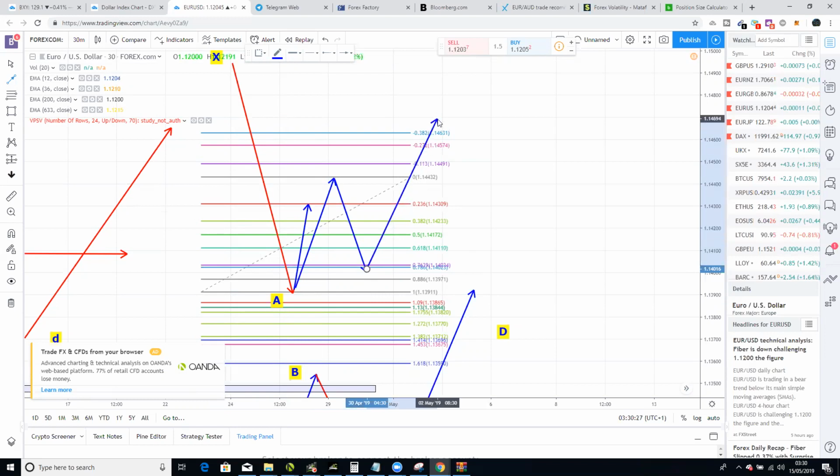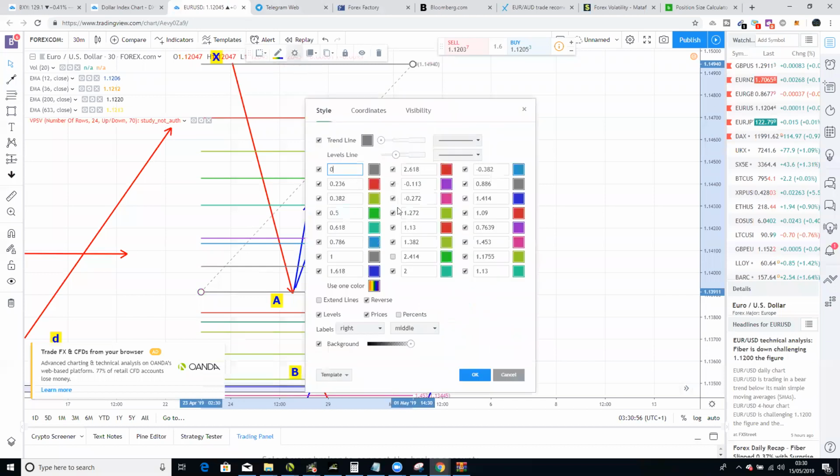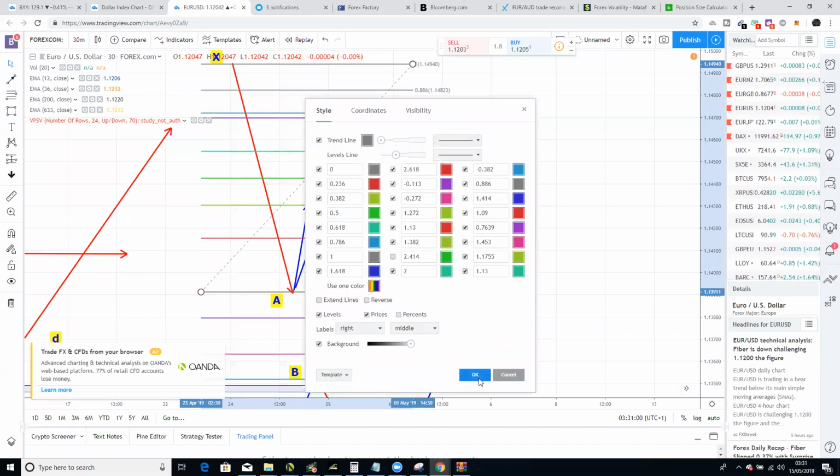All right. So now we are looking for the C to D leg, which is going to be, where is our D going to end? Answers, please. So if I take my measuring tools back to the X to A, where is our D going to end?